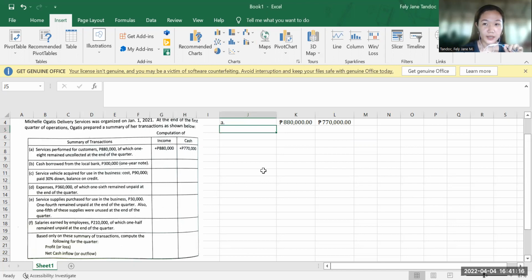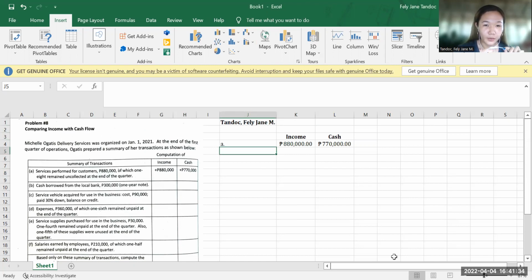So for letter A, we have services performed for a customer for 880,000, of which 1/8 remain uncollected at the end of the quarter. Here, the income indicated is a total of 880,000, and the cash on hand is 770,000.